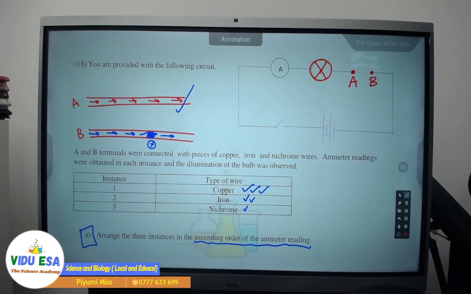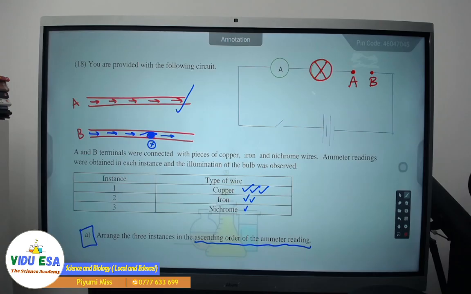Tehan? Nichrome, iron and copper. Okay, both gave the same answer.